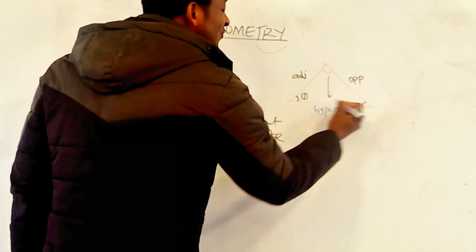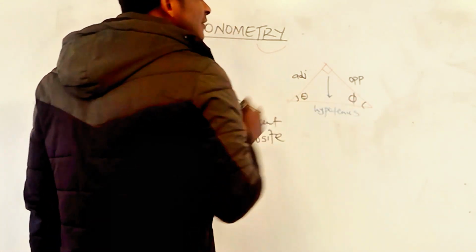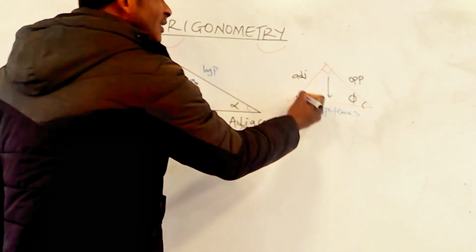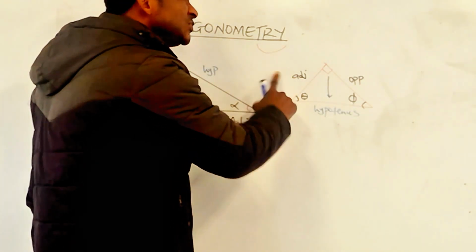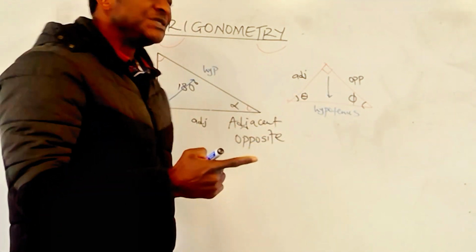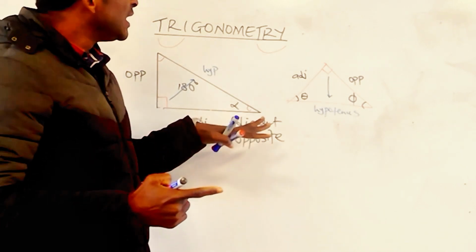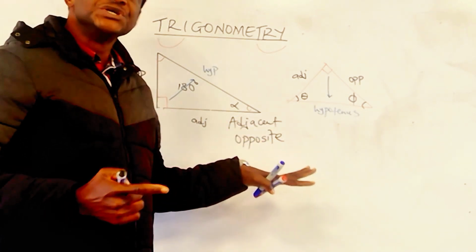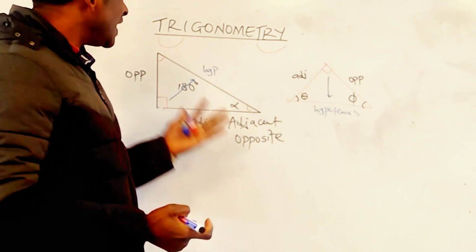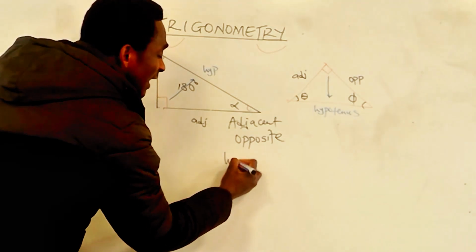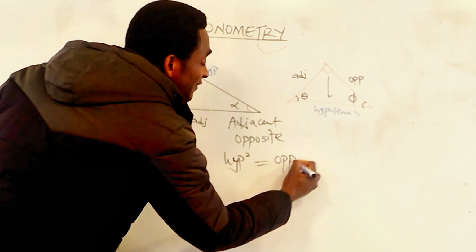If I have angle phi here, then the side facing angle phi becomes my opposite, whereas this becomes the adjacent. So the adjacent and opposite can change depending on the particular angle you are working on.